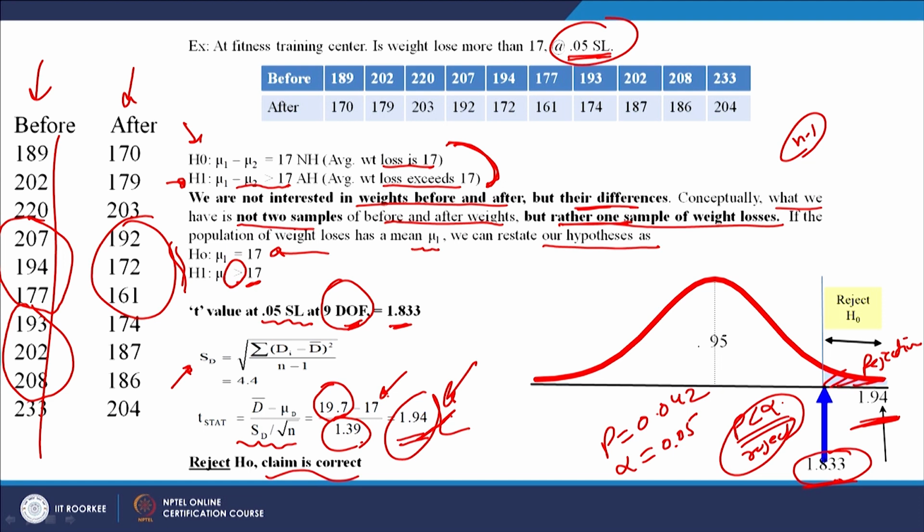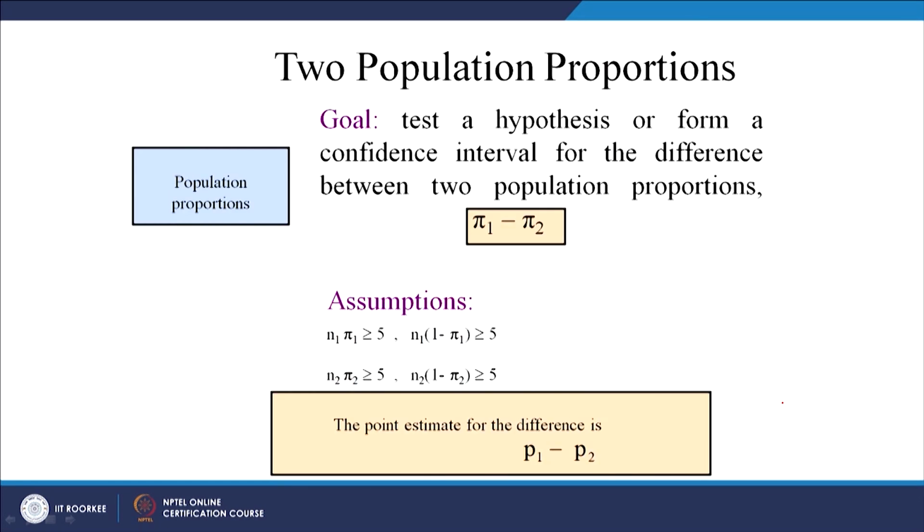Let us look at the next topic, which is hypothesis testing of two population proportions. So far we have seen means of dependent samples and independent samples. Let us compare population proportions of two groups or more than two groups. First we will look at the population proportions of two groups.